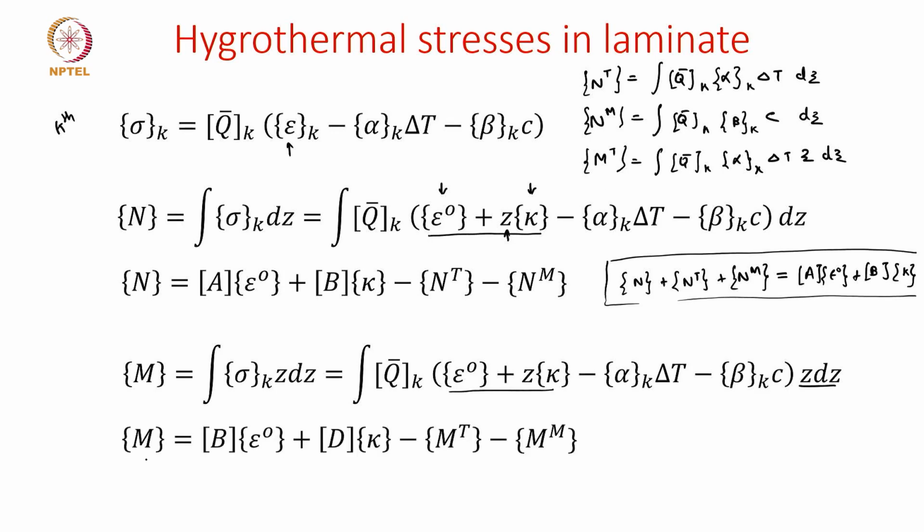Now I can write this moment in terms of the B matrix and the D matrix, as well as the moments coming from temperature and the moments coming from moisture. And like earlier I can move these moments all to the left hand side, then it becomes moment plus moment because of temperature plus moment because of moisture, which can be written in terms of the B matrix times the mid surface strains plus the D matrix times the curvatures.